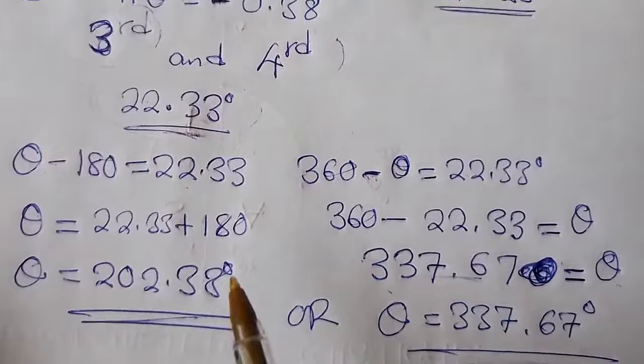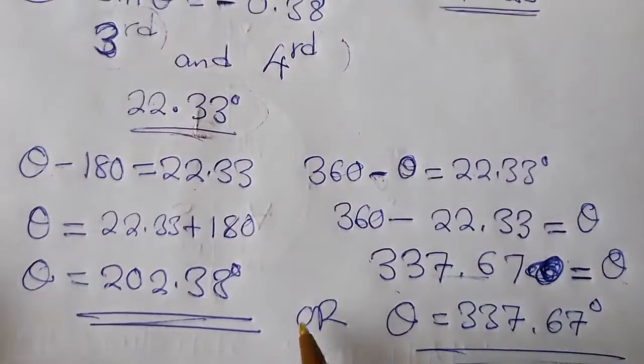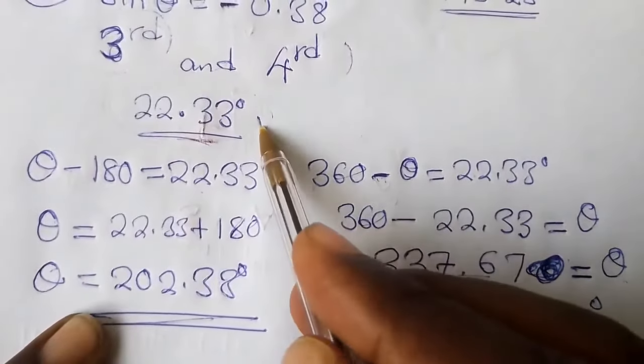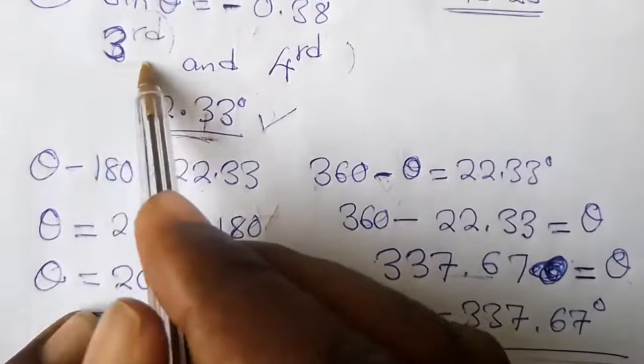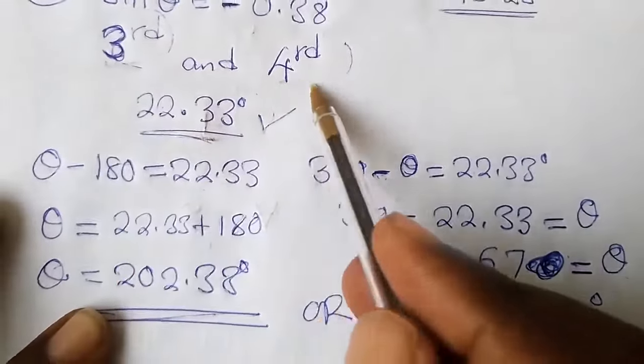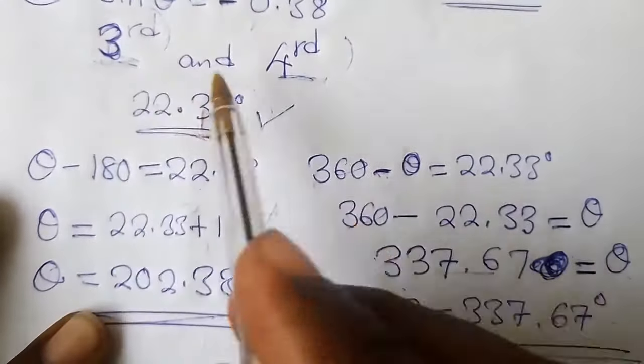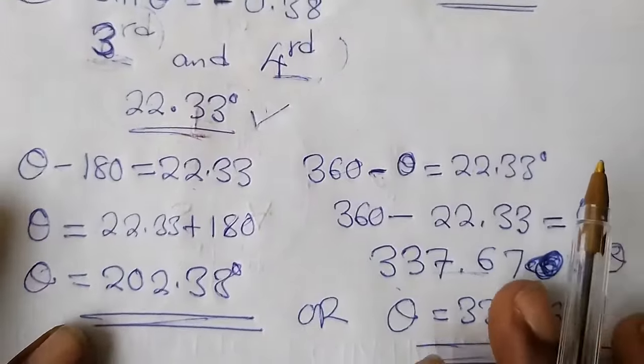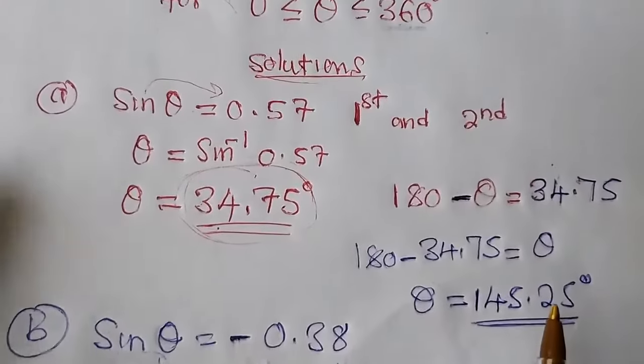The thing that will make you understand this is that once you know this one and you know the quadrant where it is falling, these are very important. So I want you to answer these last two questions here.